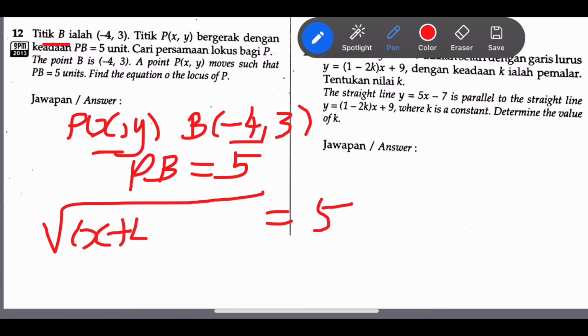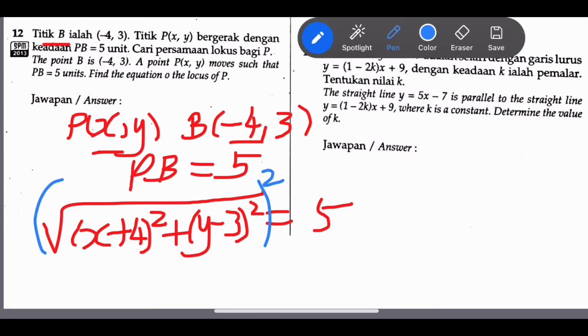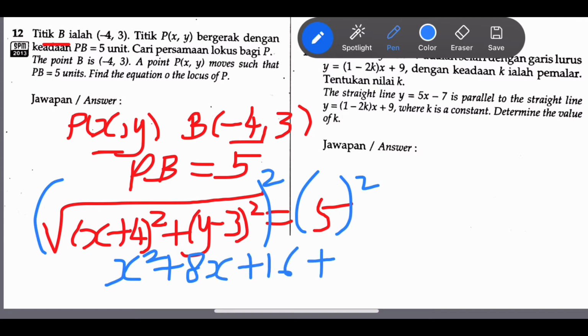For locus, we will always use the distance formula, which is square root of x minus negative 4 squared plus y minus 3 squared. Be careful, x minus negative 4 will be x plus 4. And then we need the square root, and to cancel out the square root, we need to square both sides.